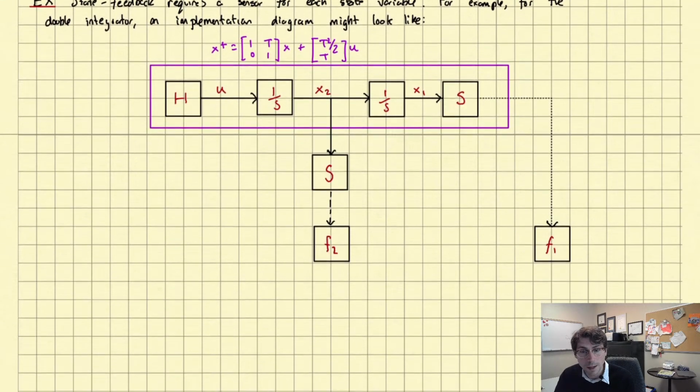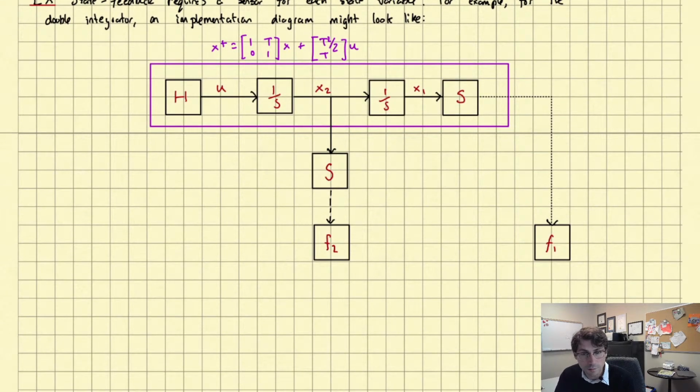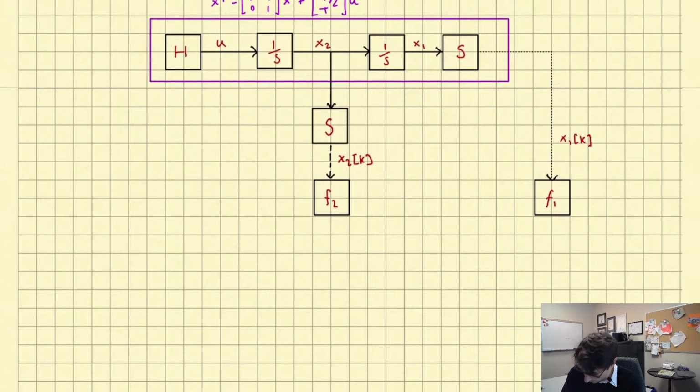Right? And now those two signals, so this would be x1 of k, x2 of k, would be read onto the computer, of course, through your sensors. You multiply them by F1 and F2 respectively, and then you add them up together to get your control signal. So I will draw that over here. So this might look like, again, bear with me.